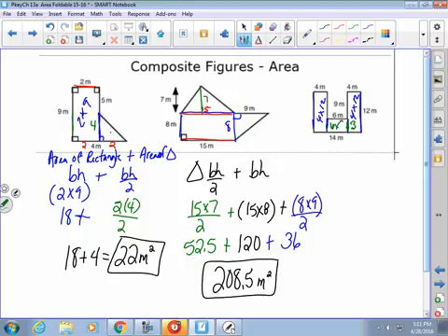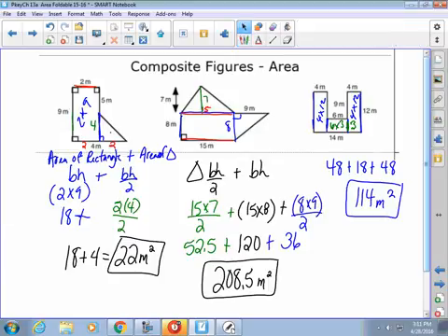All right, so this is a 6 by 3. So we got 48 plus 18 plus 48. 114 meters square. All right, that's what we should have. 114 meters square.